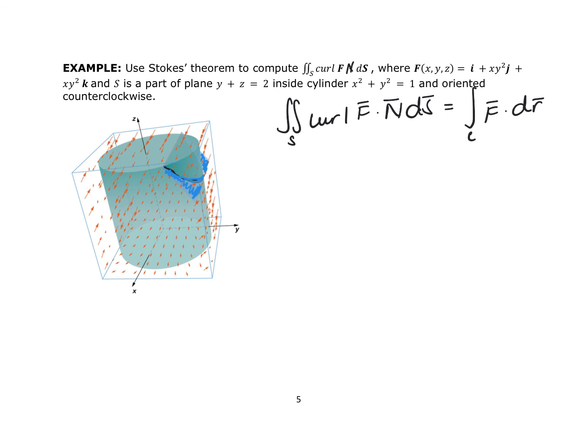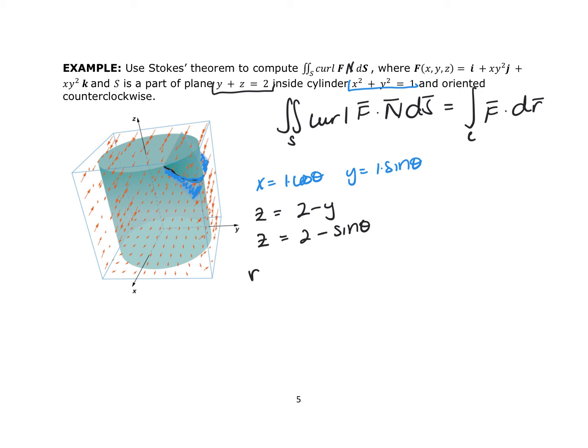So we start with the fact that x is going to be r, which is 1, times cosine of theta, and y is r, which is 1, times sine of theta. We also have the information that z is equal to 2 minus y. So z in terms of parameterization would be 2 minus the sine of theta.